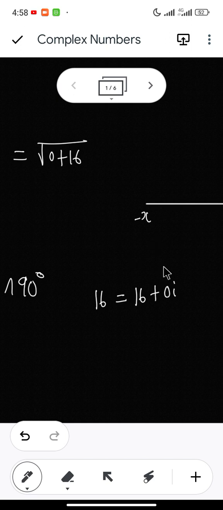So you apply the same principle. This is one of these special cases. But let's say you have negative 16. It's going to be negative 16 plus 0i. Apply the same principles and you get your answer. So this is basically all about the polar form of a complex number, how to convert from the general form to the polar form.